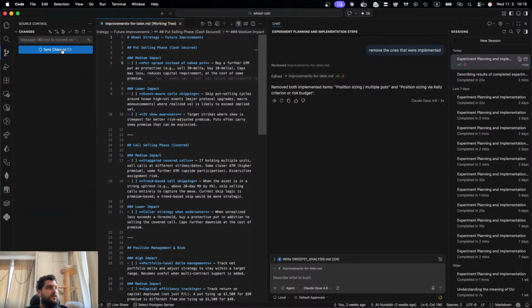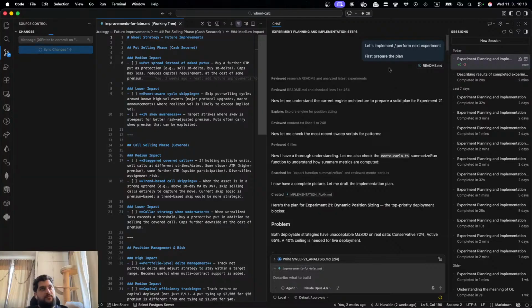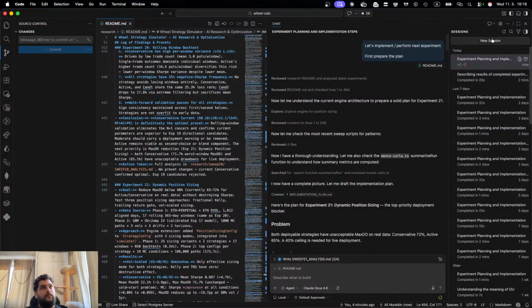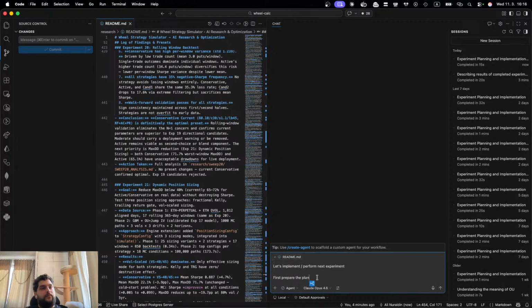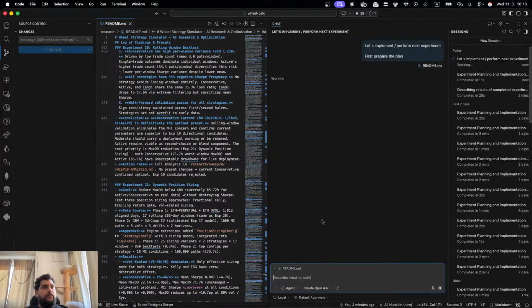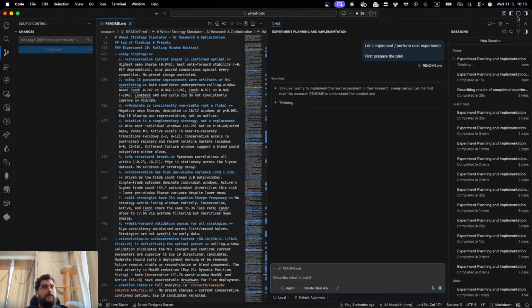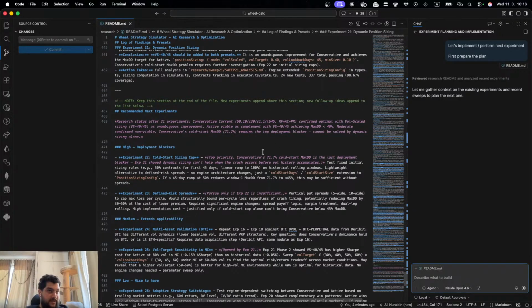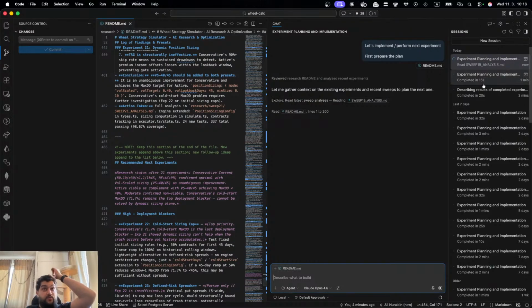That was experiment number 21, and we are gonna run number 22. And let's take a look at what it should be about. It should be about cold start sizing cap. Test fixed initial sizing rules on historical rolling windows. Okay, I don't know what that is. Let's just let it work and go back here.